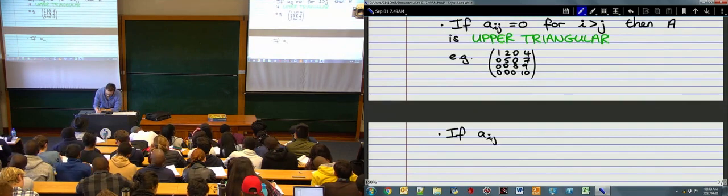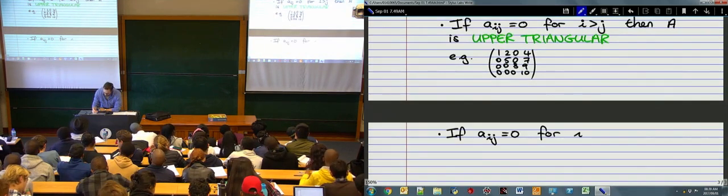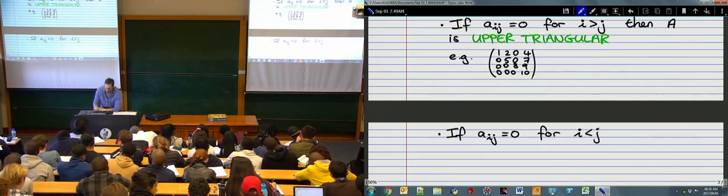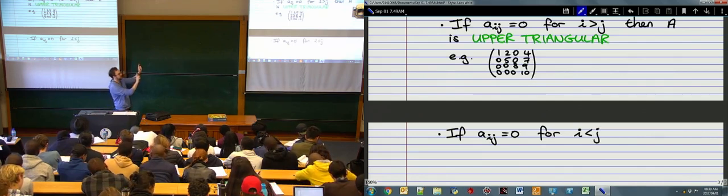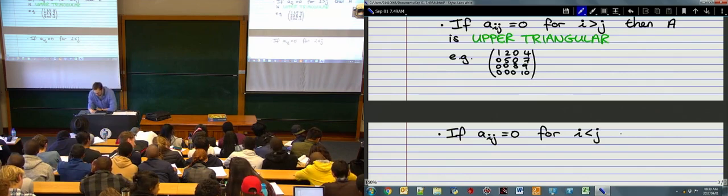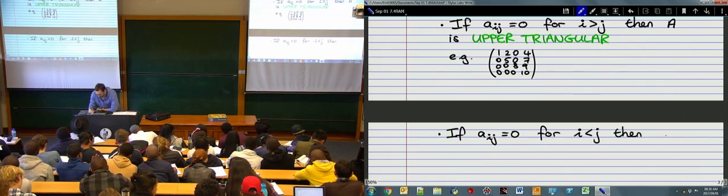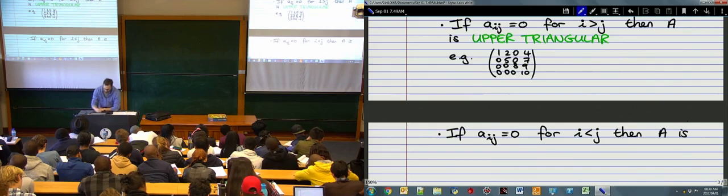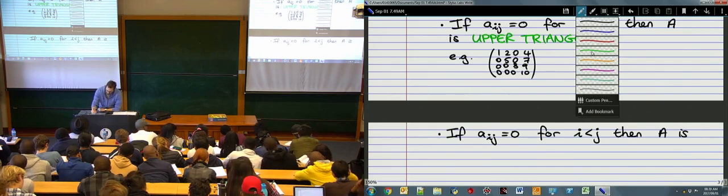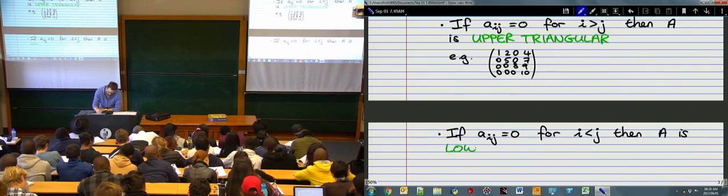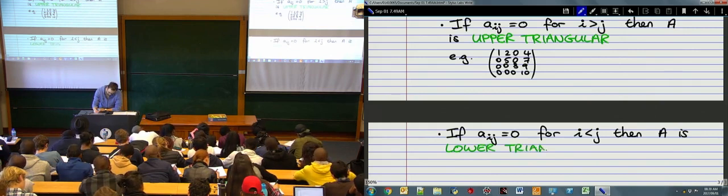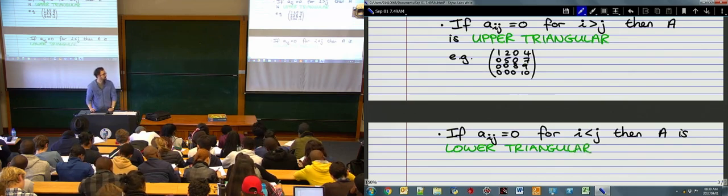If Aij is equal to 0 for i less than j, this is just the inequality swapping around, then A is lower triangular.